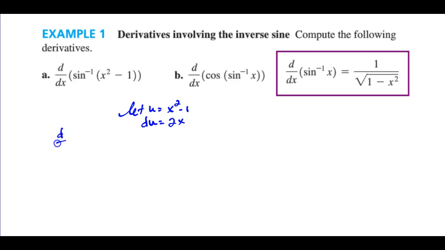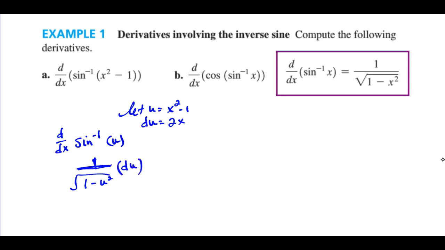So when I'm looking at this, I wouldn't write this, but in your head, you would be thinking, what's the derivative of sine inverse of just u? Well, it would be 1 over the square root, and again, I wouldn't even write this, but this is what's going on in my head. 1 over, and then I remember the 1 minus u squared, and then don't forget about the chain rule, du.